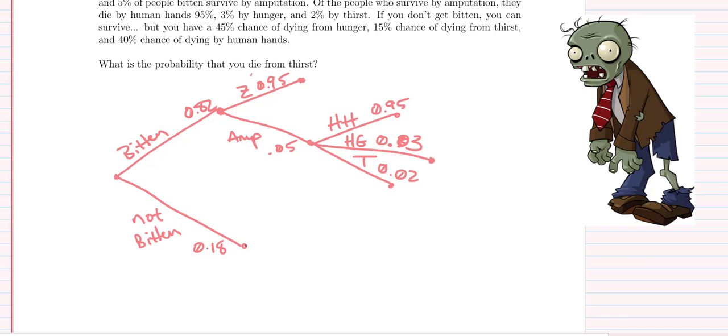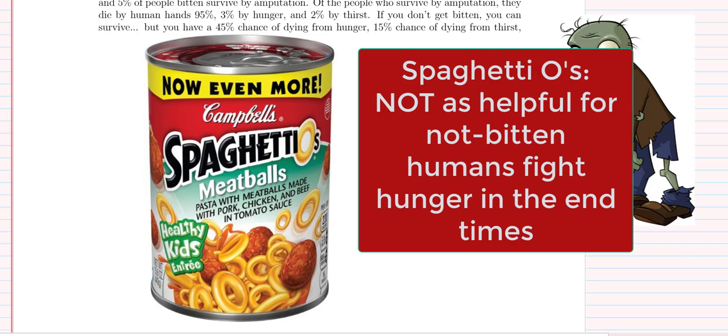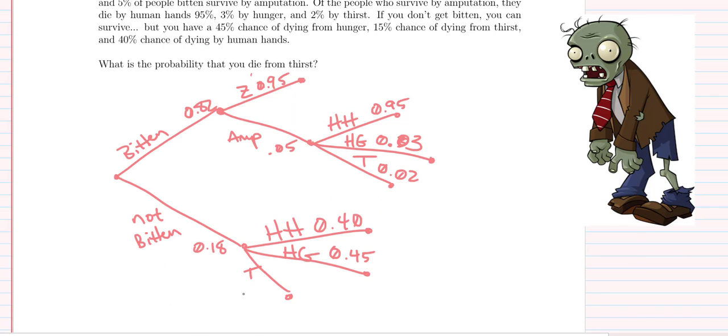So, even though you don't get bitten and you haven't been amputated, notice that it's more likely that you die from hunger or thirst this way. 0.45, thirst 0.15. Right. I don't know why that is.